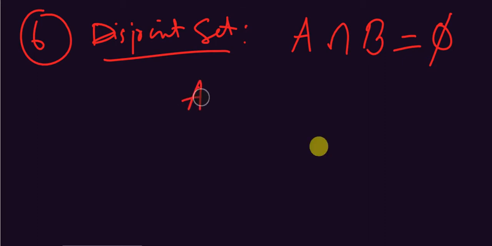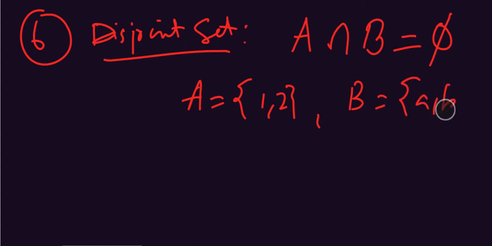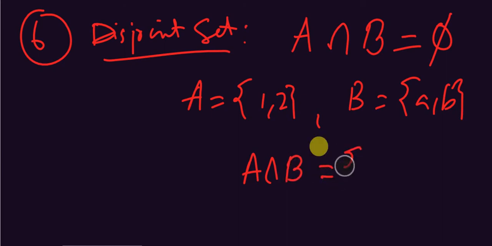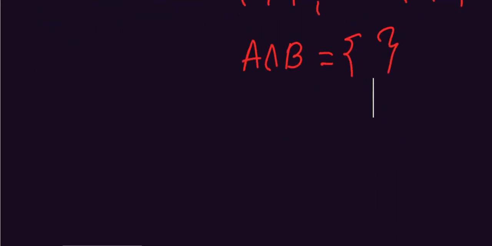Example: A is 1, 2 and B is a, b. You know, these are both different sets, and intersection means taking the same elements. So A intersection B has no same element in both sets, so this will be equal to the empty set. Okay, understood?